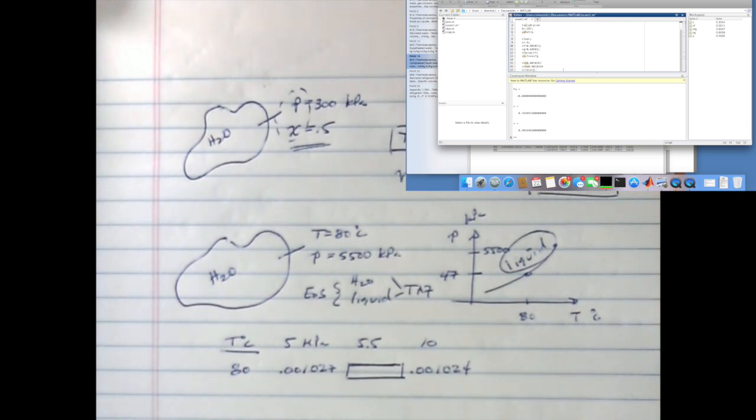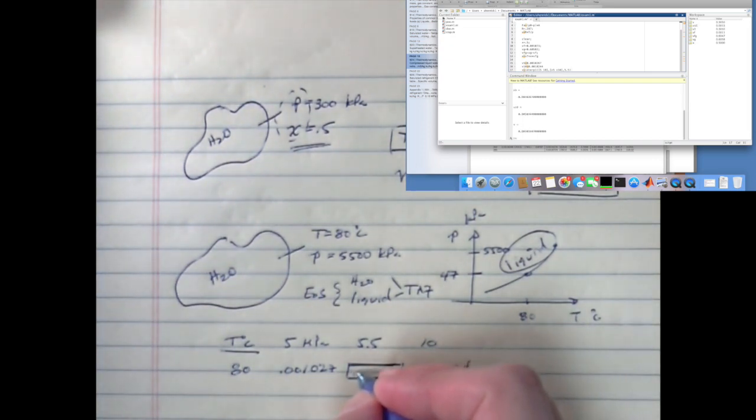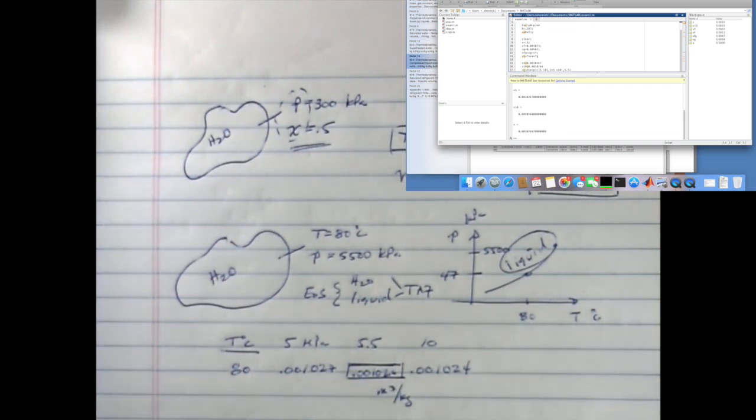It is a simple interpolation between 5 and 10, V5 and V10, and then we have our 5.5, and running this we get that our volume is in between, and we probably could have guessed this since it's so close, 0.001026 meters cubed per kilogram. And so we are done with the second problem.